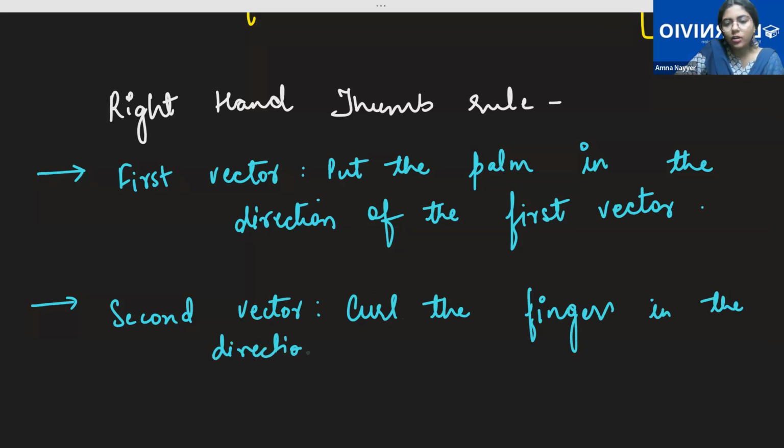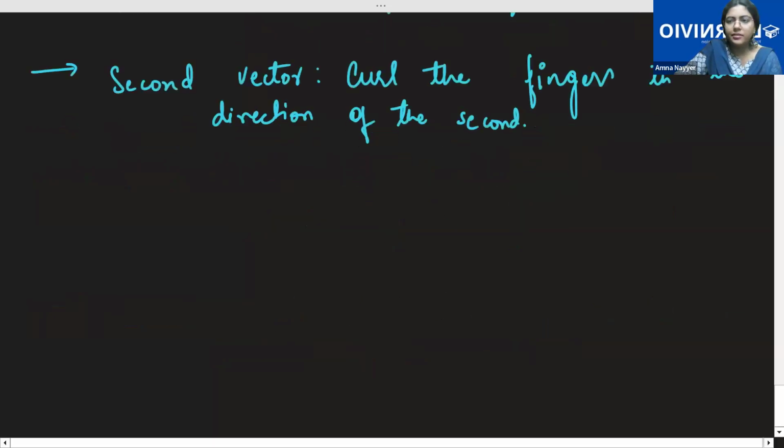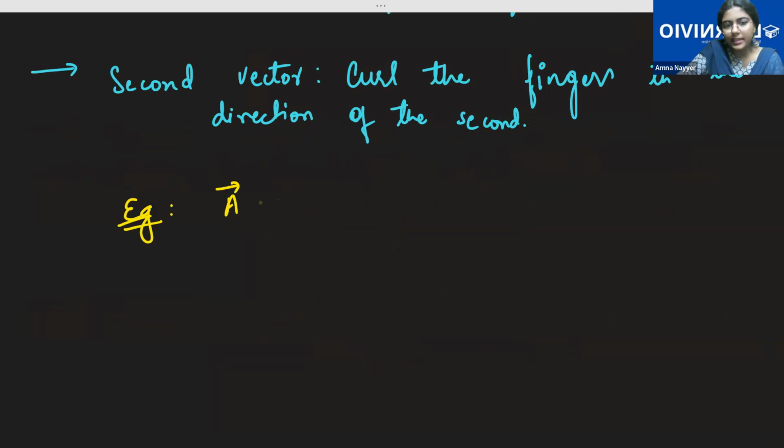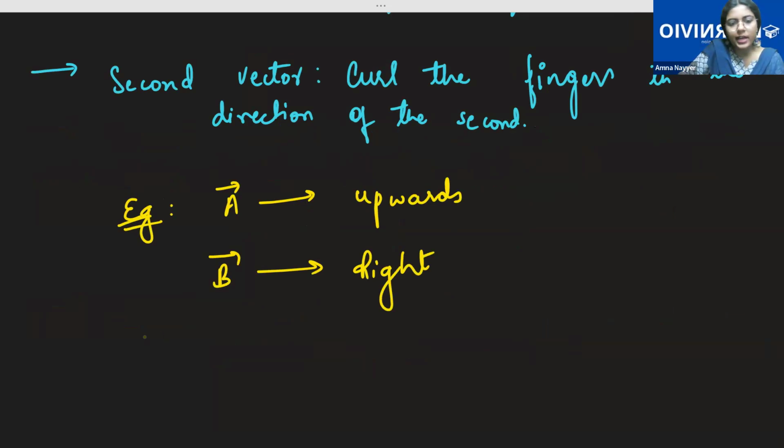Now see, when we are talking about the curling of the fingers, this means that any two directions you can choose. For example, let's say some A vector is upwards, B vector is towards the right. Now I have to find out the direction of, let's say, C vector, which is the cross product of A and B. So see, A up, my palm will be like this.